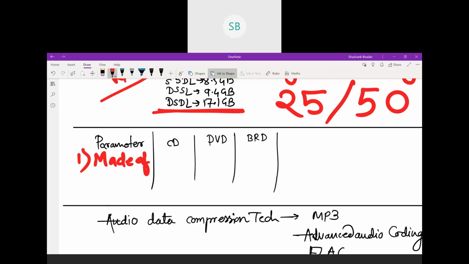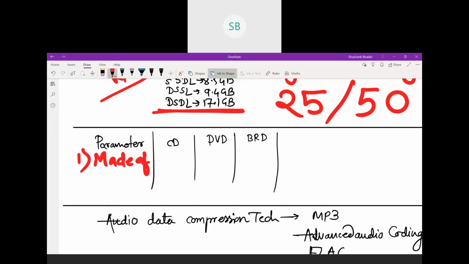Next differentiation parameter would be the technology used to store the data. The ninth difference would be the storage capacity of each disk. Then the next parameter is what kind of video compression technique is used.